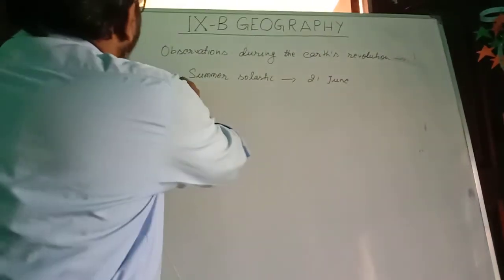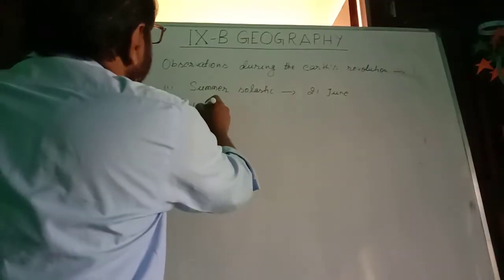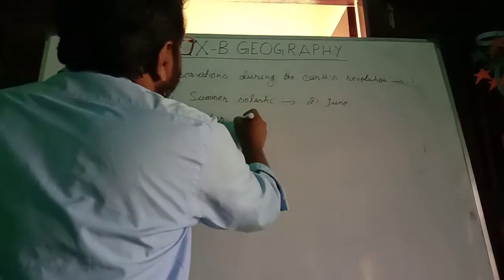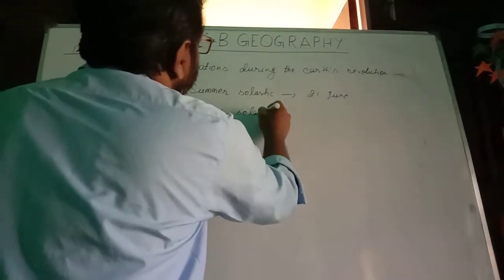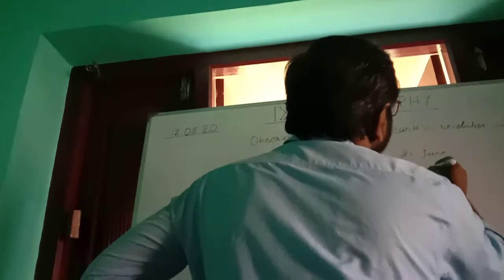And at the same time winter solstice is experienced in the southern hemisphere on 22nd December.